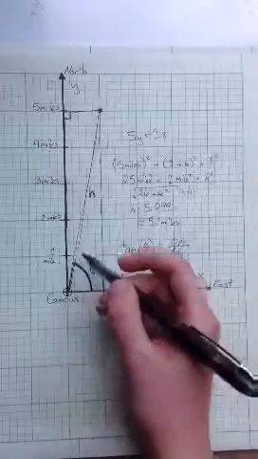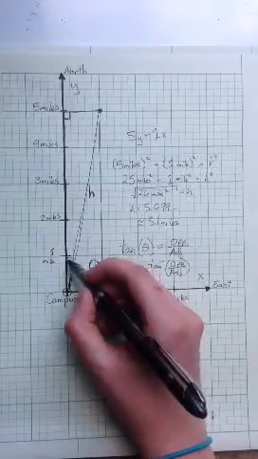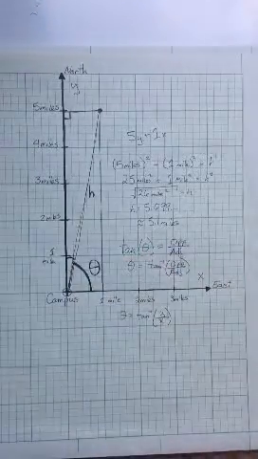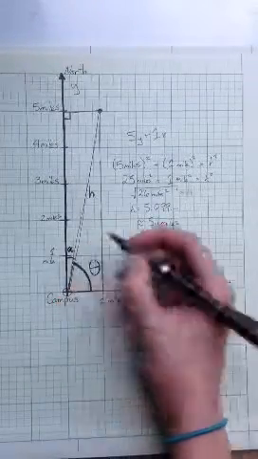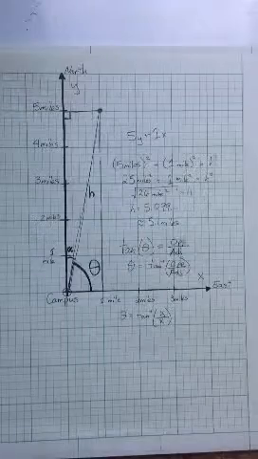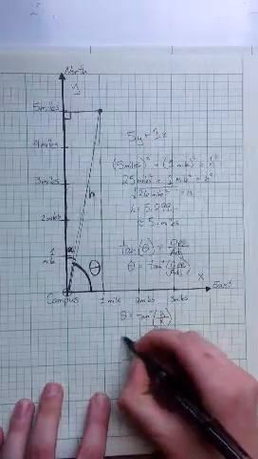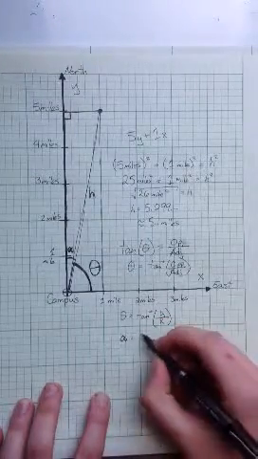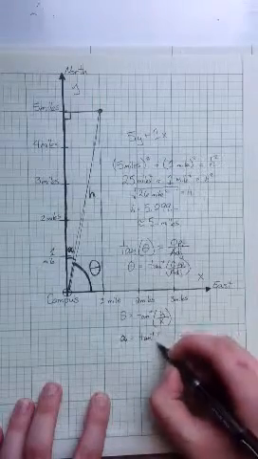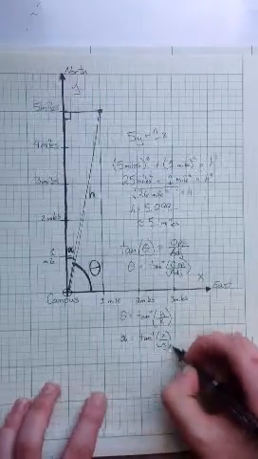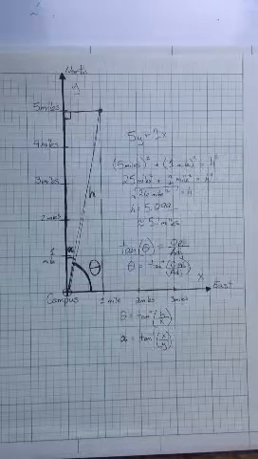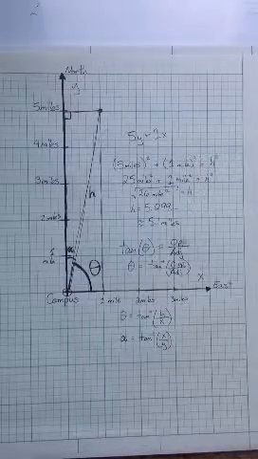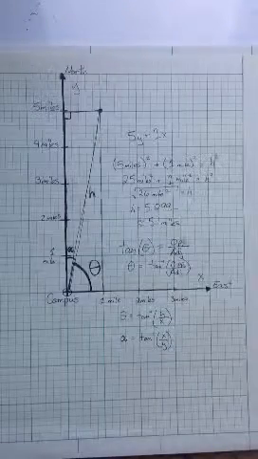If you start going off of the y-axis, if you're looking at this one here, let's call this one alpha. If you're looking for that one there, alpha is going to be equal to tangent of x over y. See, it goes reverse. So it really depends on where you want to look from. Again, I always recommend going off of the x-axis.